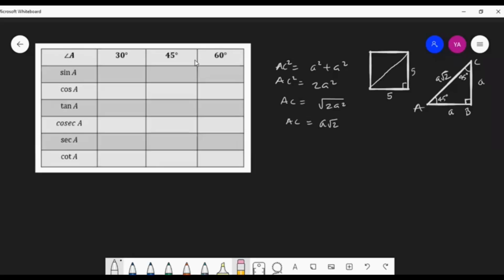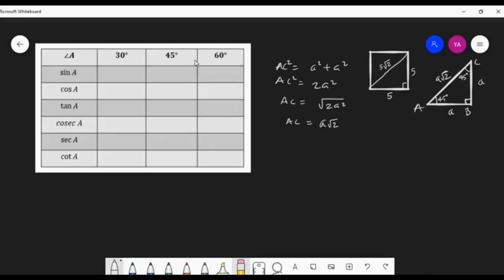Here 5 will come in place of A. So if you multiply the side length of a square by root 2, you will get the diagonal length. This triangle is important because it is half of a square.